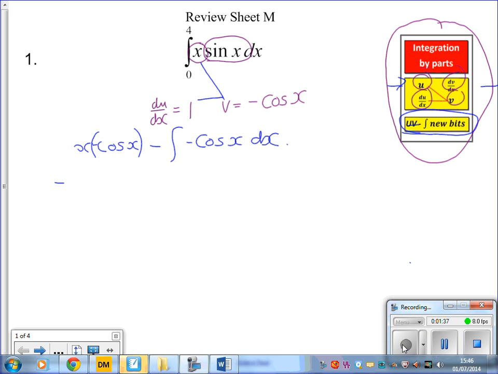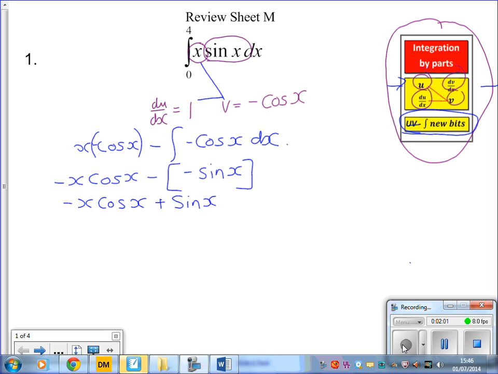So at the start, now I'm bringing the minus to the front, I've got minus x cos x, take away, and if I integrate minus cos, minus sine. So minus x cos x plus sine x.